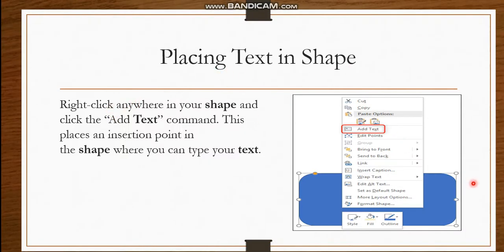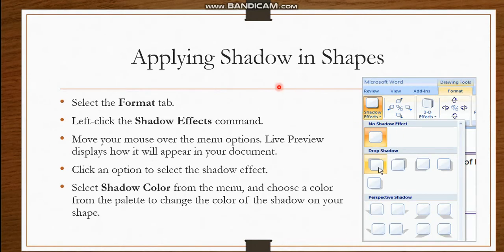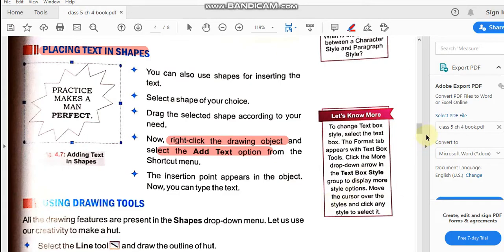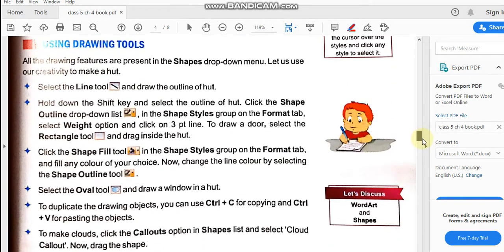Now let's learn how to apply shadow in your shapes. If you see it in your book, there are some drawing tools. The format tab I was talking to you about has all the tools available here, like shape outline, which I have shown you in the previous text box also.